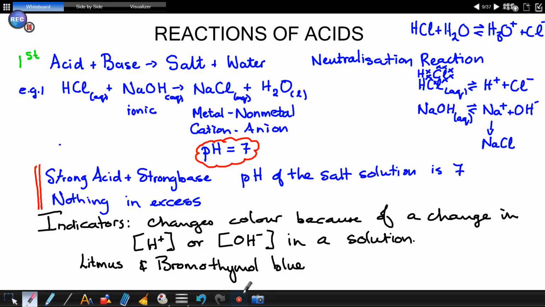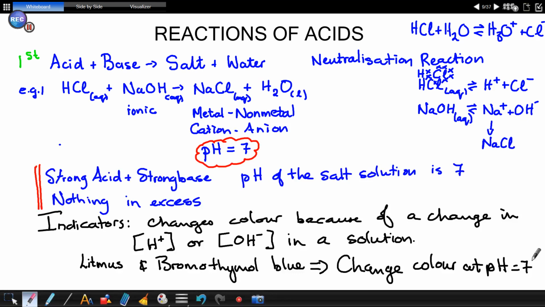Bromothymol blue and litmus are two indicators. They change color when the pH reaches 7, 7.2 to be exact, but it's around 7.